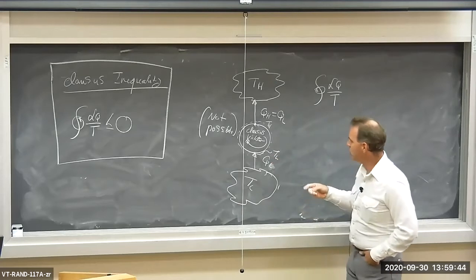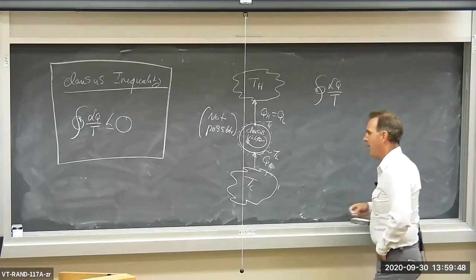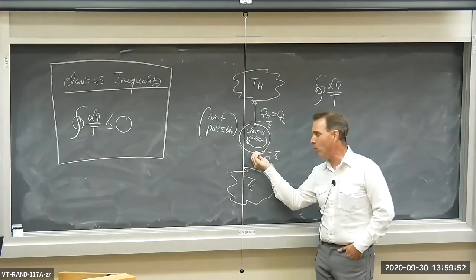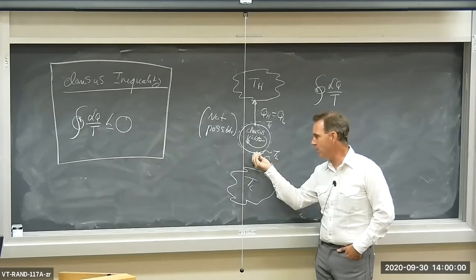Now this device receives heat from one place, the low temperature reservoir. And the temperature at which the heat is received is TL. This is what's called the interaction temperature, the temperature right here at the location where the heat flows into the Clausius Violator. I put a thermometer right here and the temperature is TL.